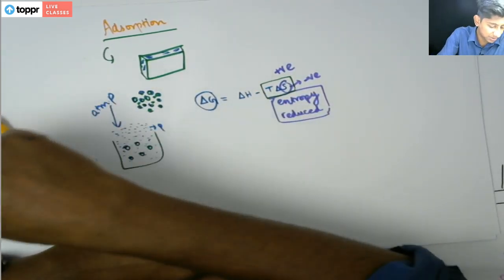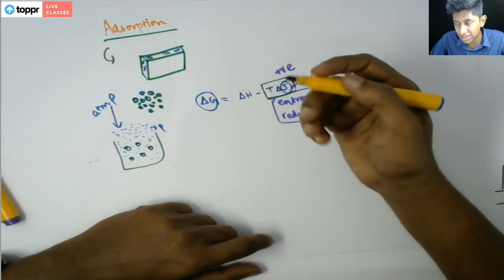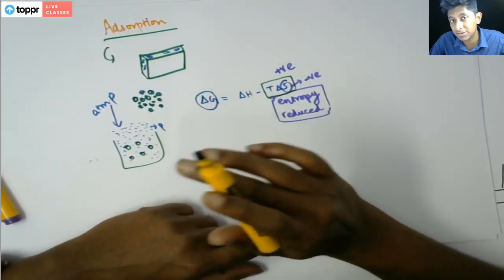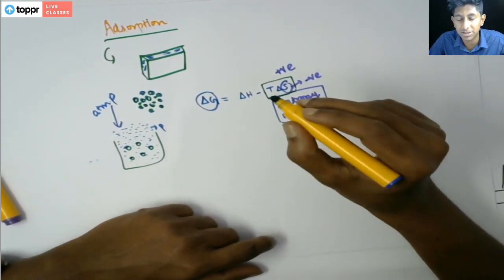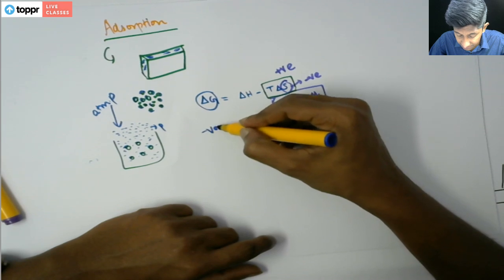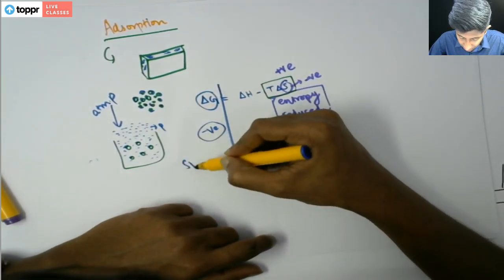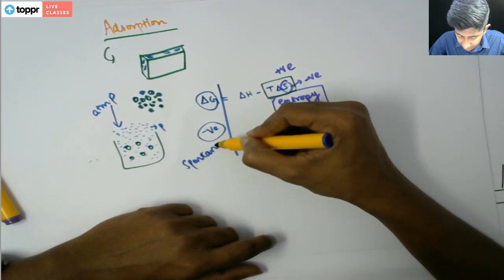Similarly, adsorption by itself is a spontaneous process. So spontaneity, it just happens, like in this case where they were just all around because of the pressure and temperature conditions. It already happens, which means delta G is negative, and this is why it's spontaneous. Let me write it here again, spontaneous.